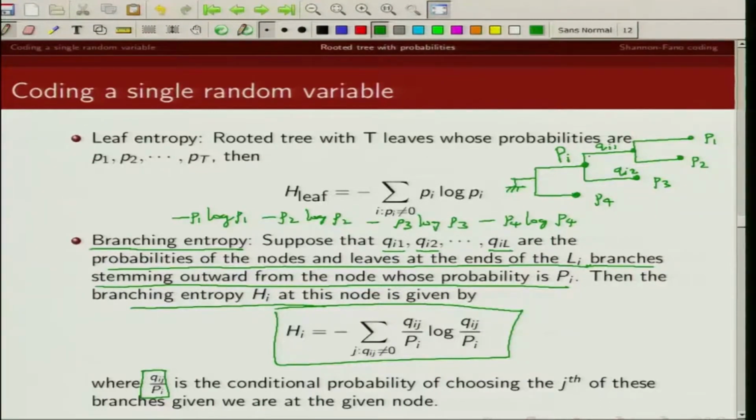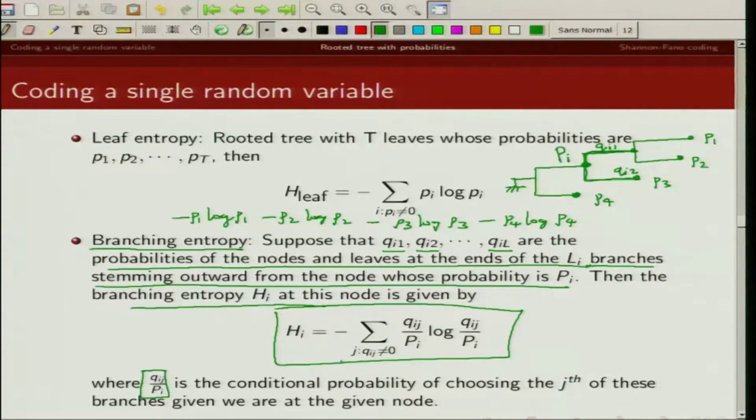Then Qi1 by Pi is the probability of choosing this branch given I am at this particular node, and Qi2 by Pi is the probability of choosing this branch given I am at this node whose probability is Pi. Then the branching entropy is given by minus Qi1 by Pi log of Qi1 by Pi minus Qi2 by Pi log of Qi2 by Pi. So that's my branching entropy.